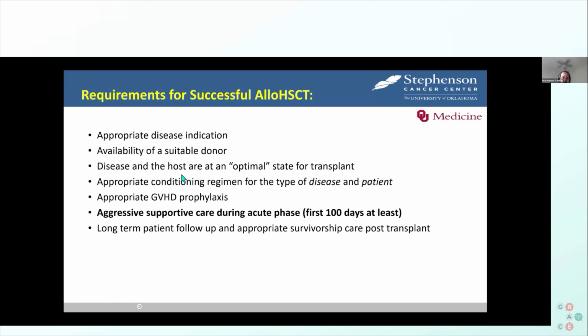Having good heart function, good lung function, good liver function, kidney function, these are all things that are tested before transplant to make sure that we do the transplant only if they are fit enough, because we have found over time in a lot of studies that if we do transplant in patients who have suboptimal organ function, they do even worse than not doing transplant.